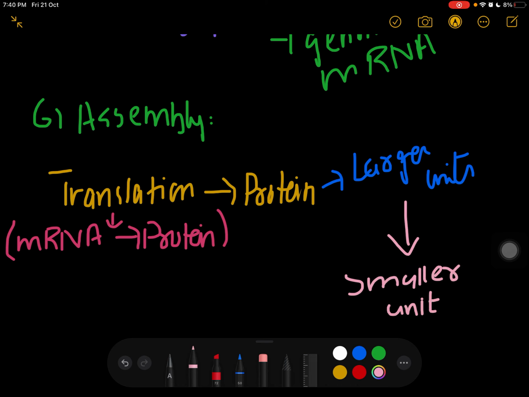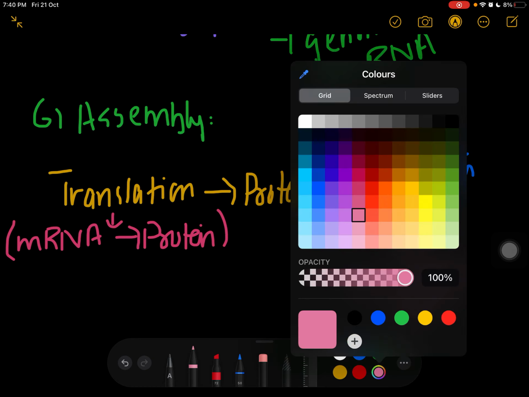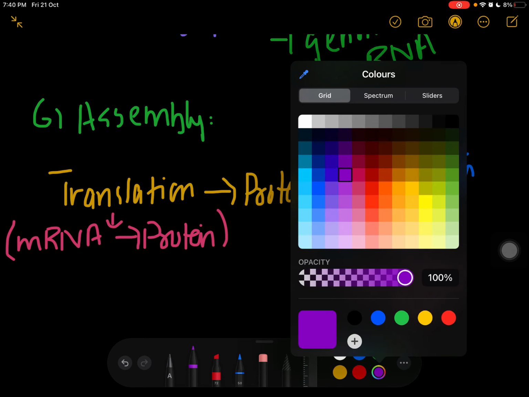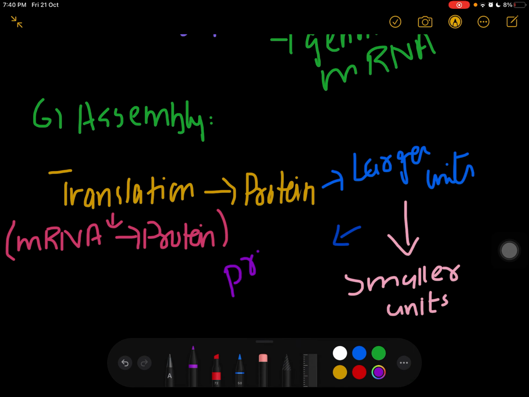This will be converted into smaller units with the help of the enzyme protease. Now it is not the host cell's enzyme. This enzyme was brought by HIV. It was brought by its own, right? So now these larger units will be converted into smaller units with the help of the protease enzyme, where these subunits are assembled to form the virus structure.